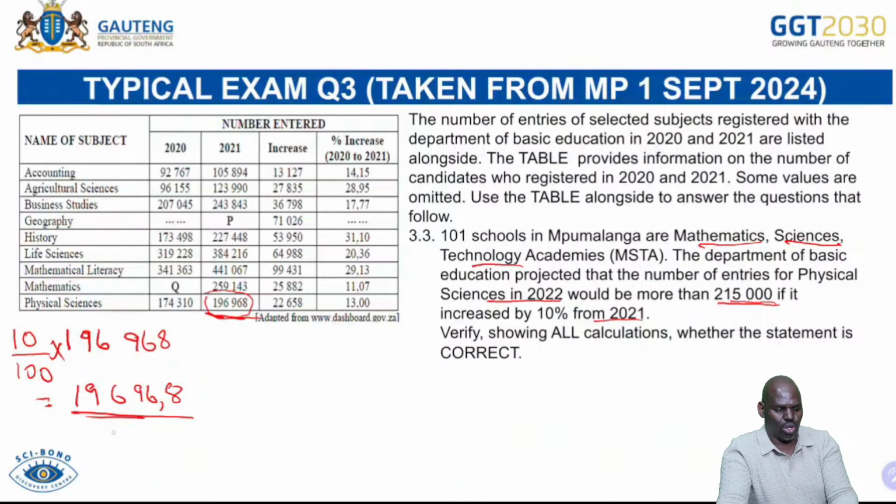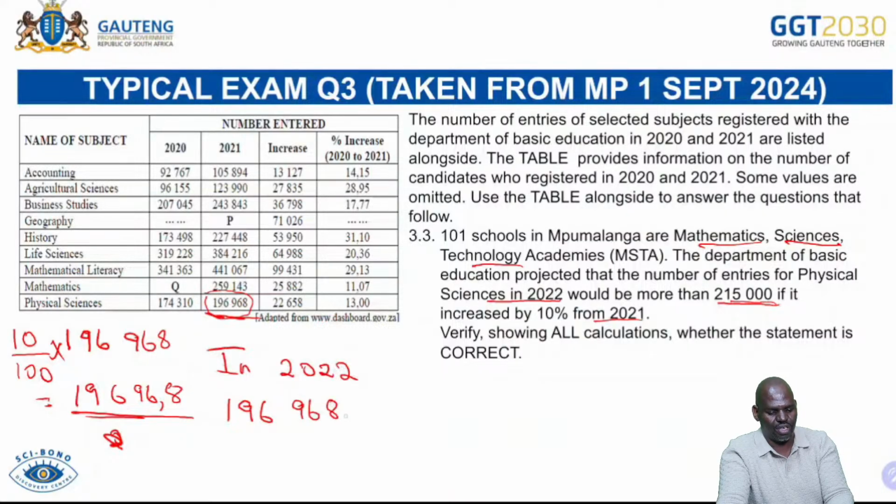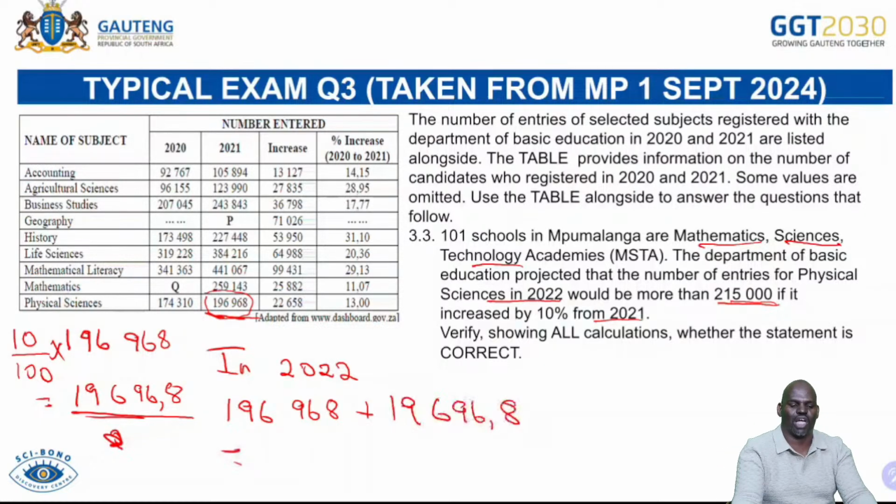So it means in 2022, we are now going to have 196,968 plus 19,696.8, because it's going to increase by 10%.